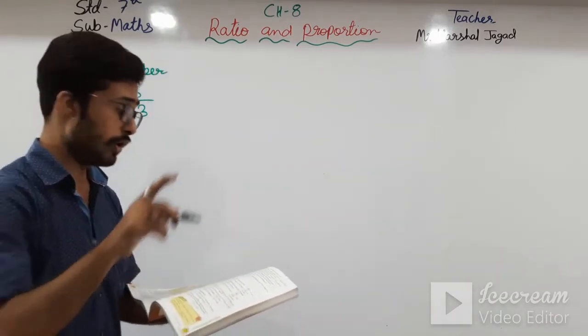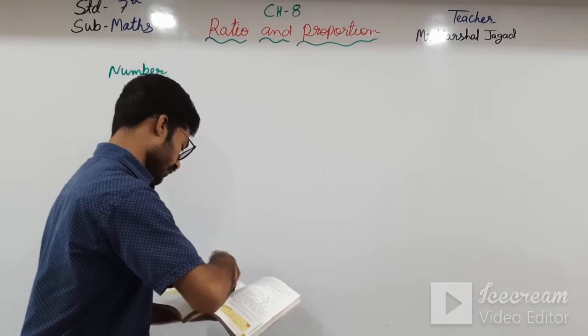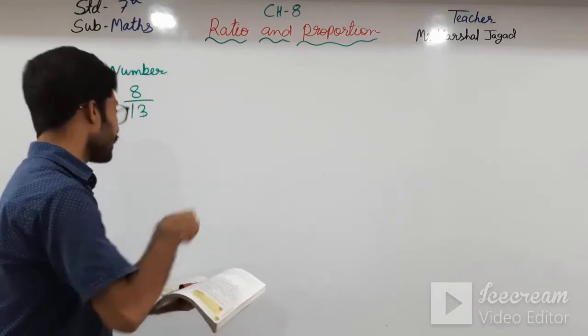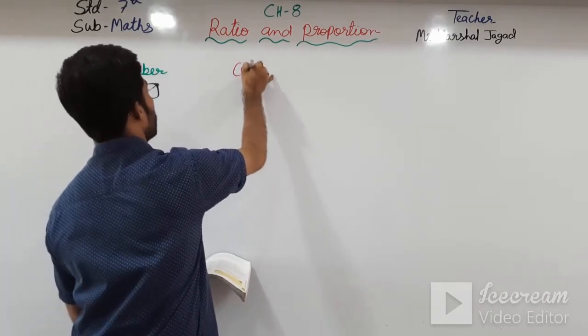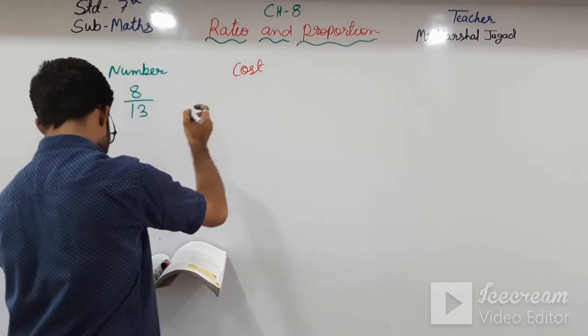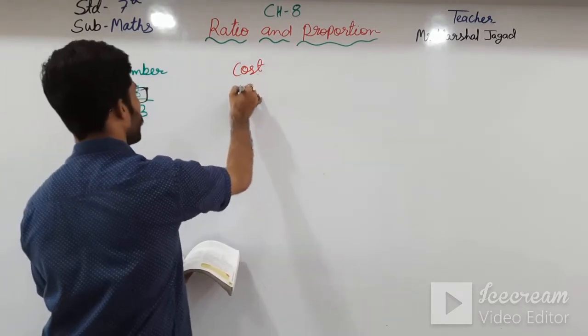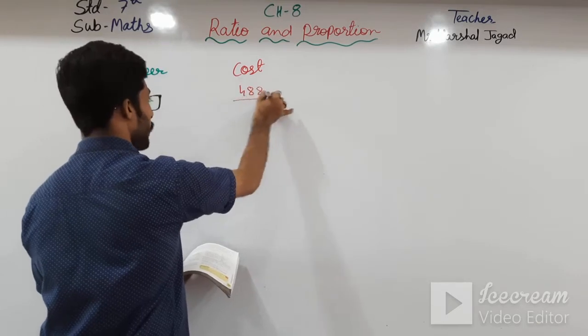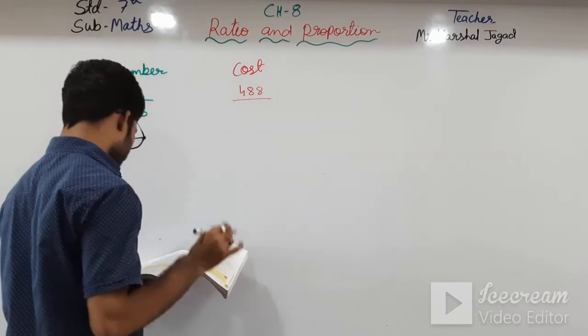This is the ratio. And for the cost, one cost is given: 8 copies is equal to 488 rupees, and we have to find the cost of 13 copies at the same rate.